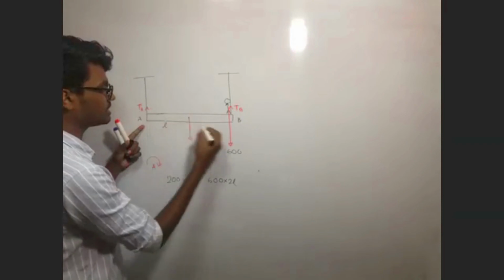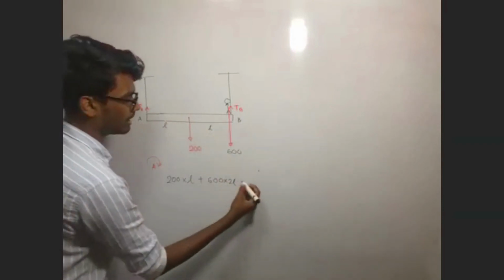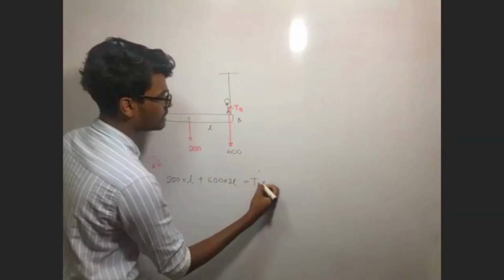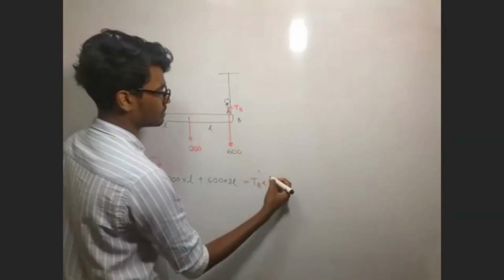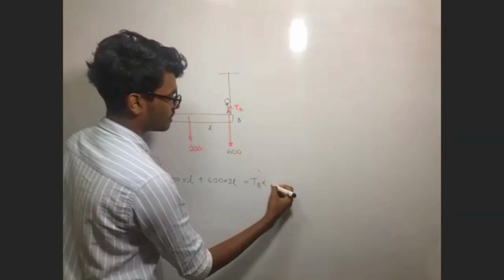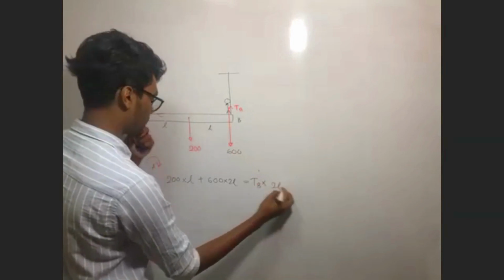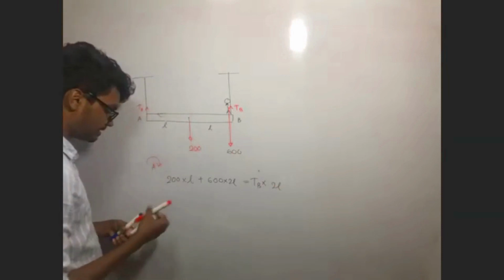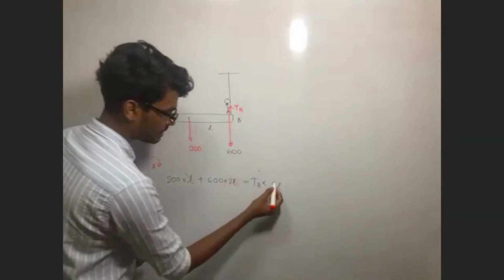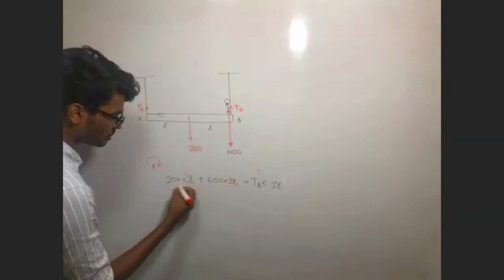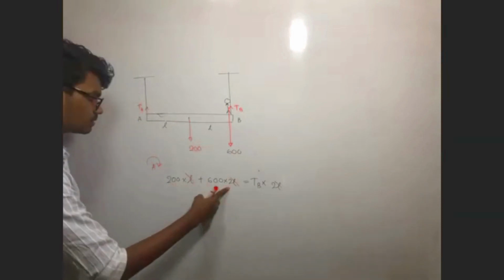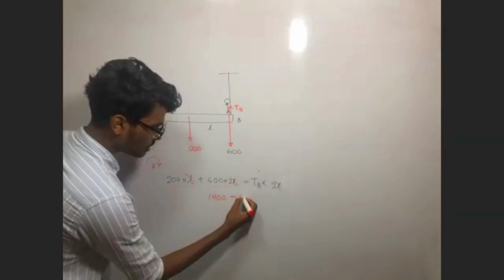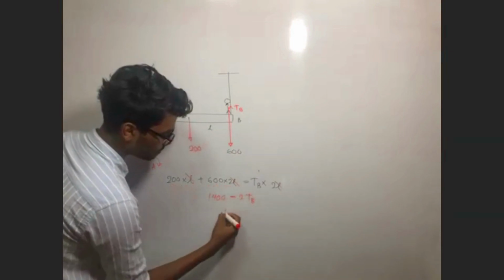Because this is L, this is L, 2L, and the anti-clockwise moment is given by whom? TB into 2L, right? So yeah, let us find that what it is. L into 200 and 1200 is 1400. 2 TB.